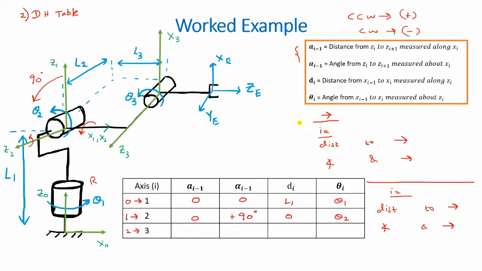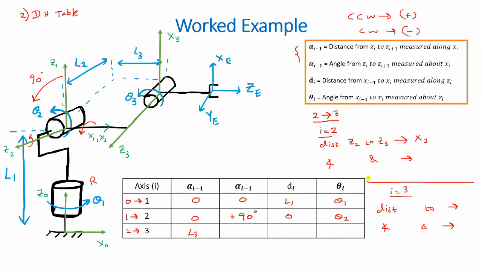Right, so now let's have a look at the last set of axes, which is from 2 to 3. For the first two parameters, i would be equal to 2, and then i would be equal to 3. For a_(i-1), we want the distance of z2 to z3 along x2. That is the distance between z2 and z3 in the x2 direction, and that distance would be the length of this particular link, which is L3.